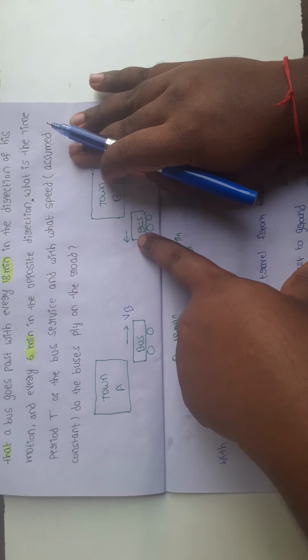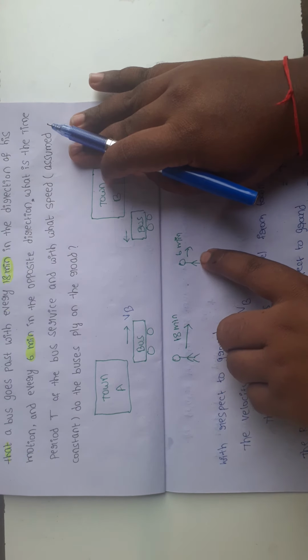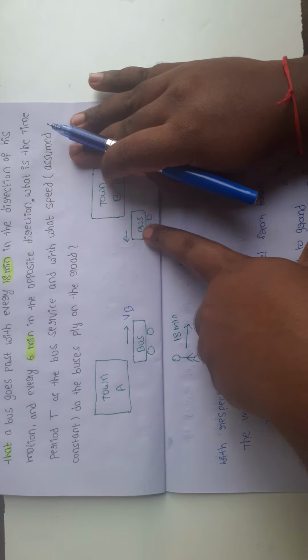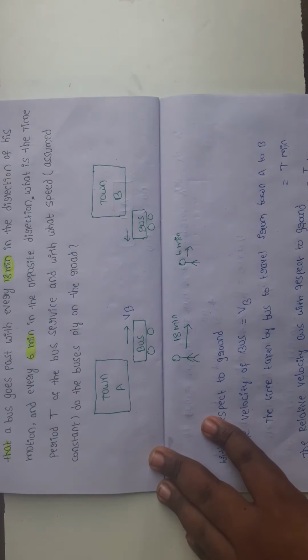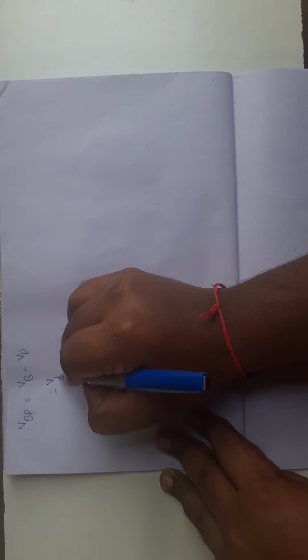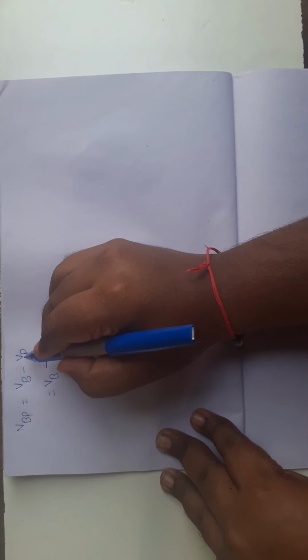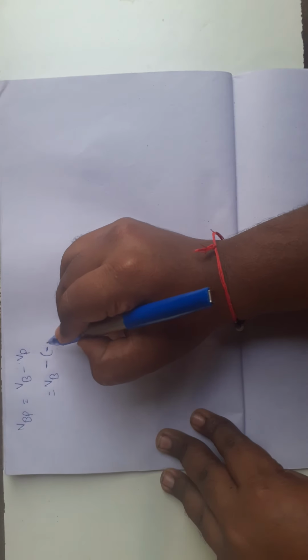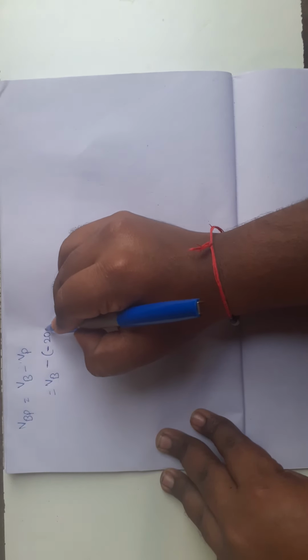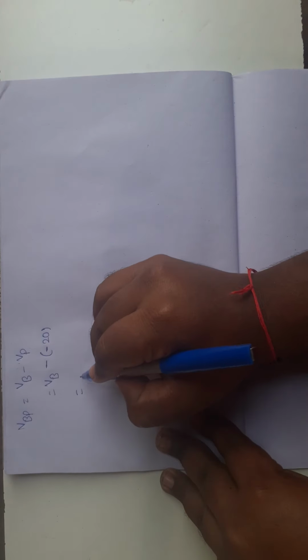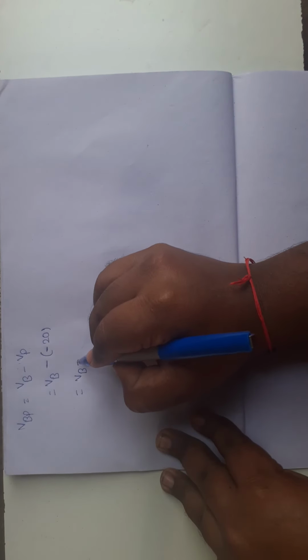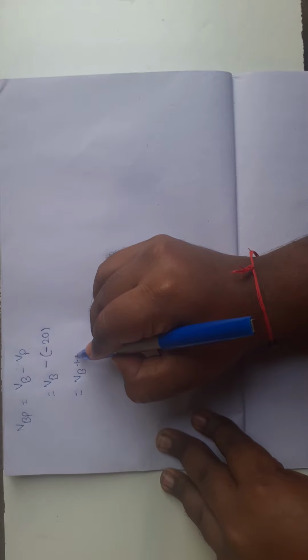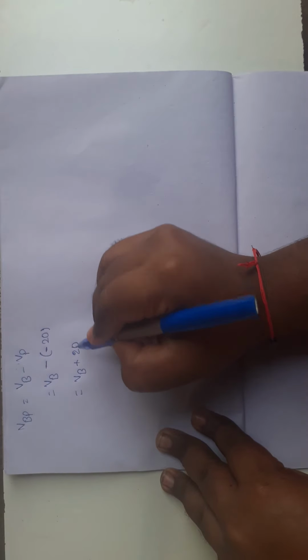So the velocity of the bus is VB minus the velocity of the person, which is already minus 20 kilometer per hour. So the relative velocity of the bus with respect to the person at 6 minutes is VB plus 20.